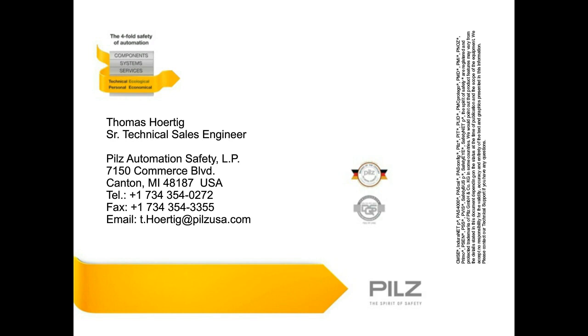For example, alignment tools that will help you get the light curtain aligned and function properly. Also, going back to that other question, I can do a little research and find out if that method is written down in a standard, but to my recollection right now, I have not seen this, but the time measurement definitely is a necessity, and that's one of the multiple methods to achieve that.